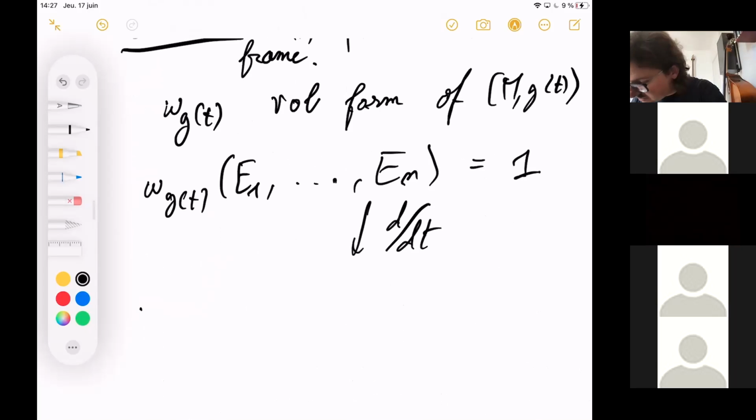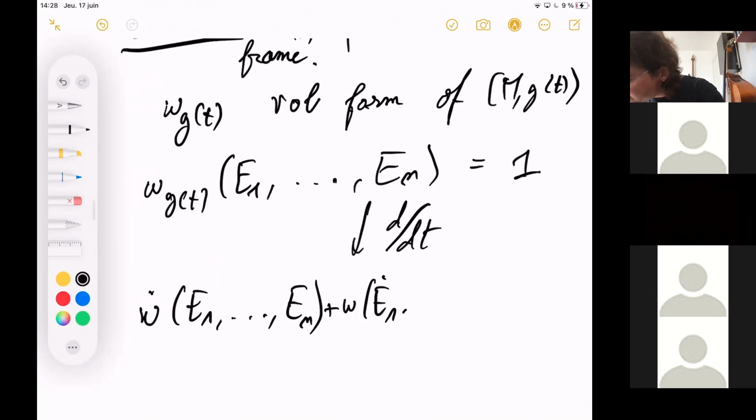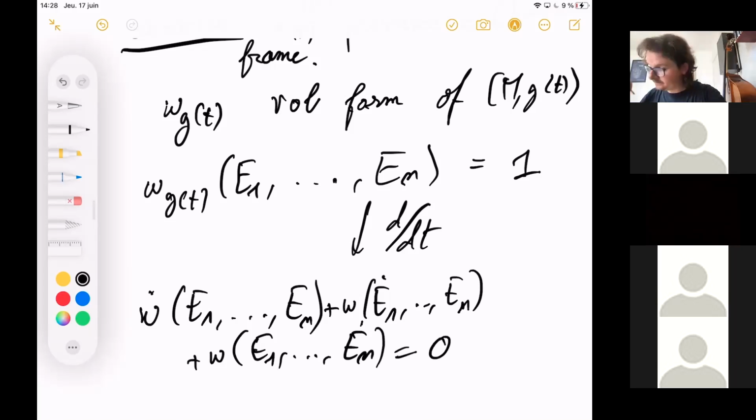Then what's going on? So we have omega dot, let me lose the g(t) for now, of e_1 till e_n, plus omega of e_1 dot till e_n, plus omega of e_1 till e_n dot is equal to 0.